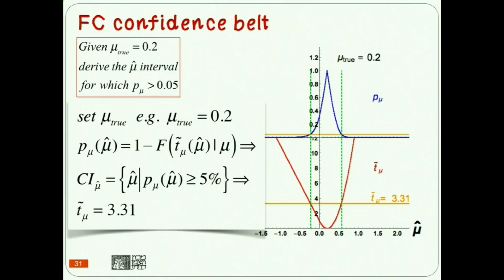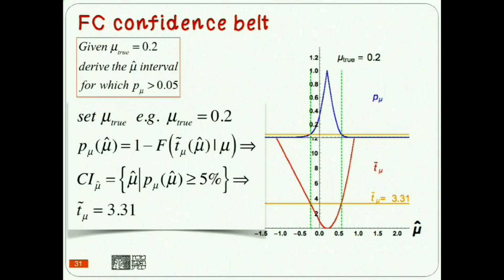Then using the asymptotic, I can also plot T tilde mu as a function of mu hat, because T tilde mu is a function of mu hat, and this is exactly Wald. The parabola is a Wald. So I can see that my interval for mu hat, given mu true equal 0.2, is given here.